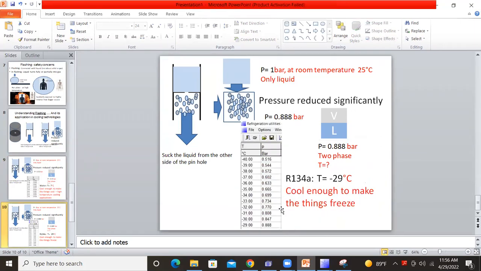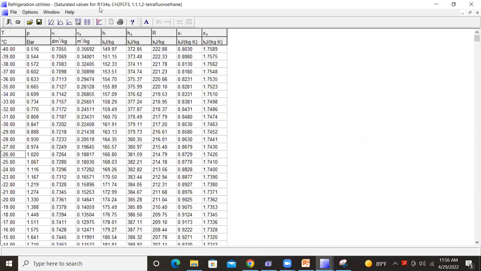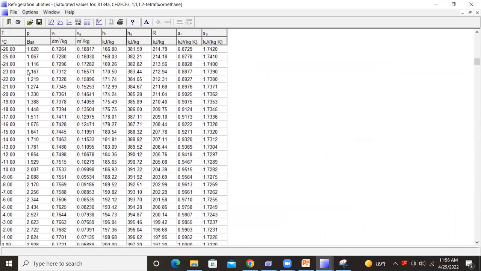Good. So R134A, pressure is 0.888. Let's say this R134A, if you bring the pressure to almost 2 bar, let's say 2.007, because it's easier to bring this to 2.007 pressure drop.